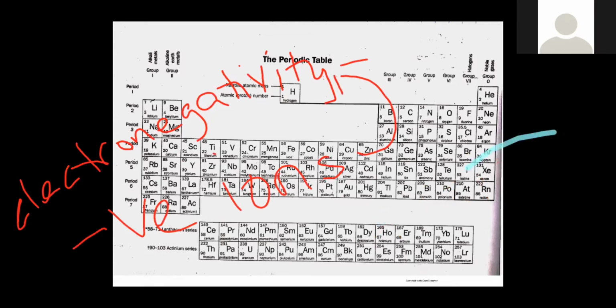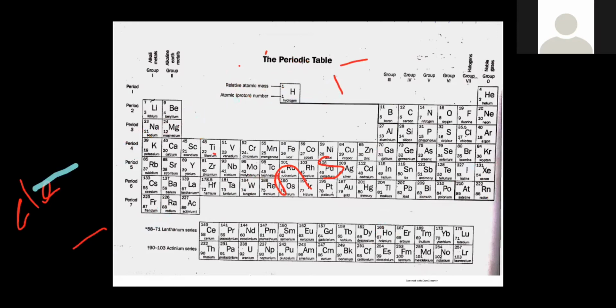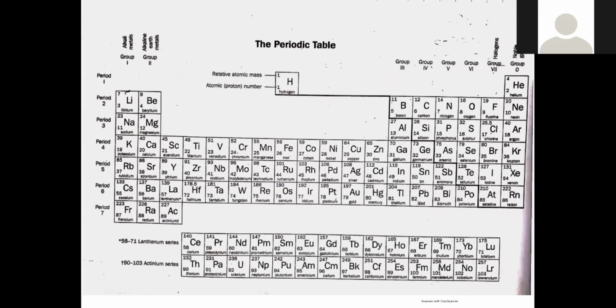They also classify the elements on the periodic table based on their atomic radius, how big the atom is, and other physical properties such as melting and boiling points, and even if they can conduct electricity or not. We're also going to take a look at the periods and their reactivity, how fast they could react. They also classify them based on such.